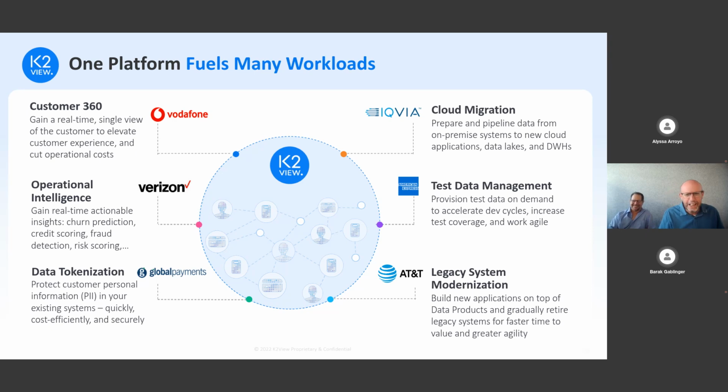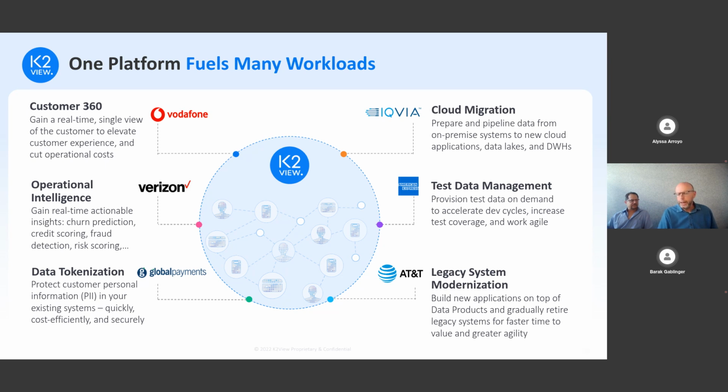For organizations like IQVIA and AT&T, we help them decouple the data from applications, either to help them migrate to the cloud. Using data products, they can simplify the migration to cloud applications, as well as data lakes and data warehouses, and also modernize applications.